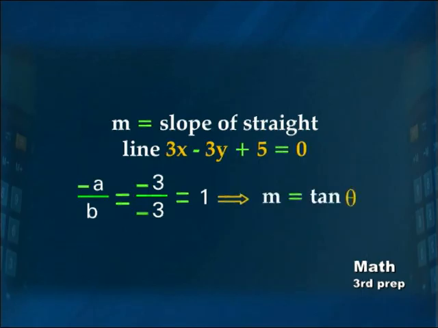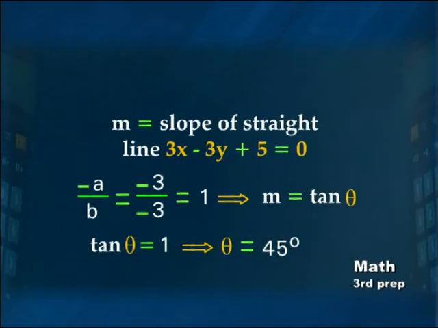So m equals tan theta. Then tan theta equals what? 1. How can you find the value of theta? By using your calculators and pressing shift tan 1 equal, you are going to obtain a result as theta equals 45 degrees.